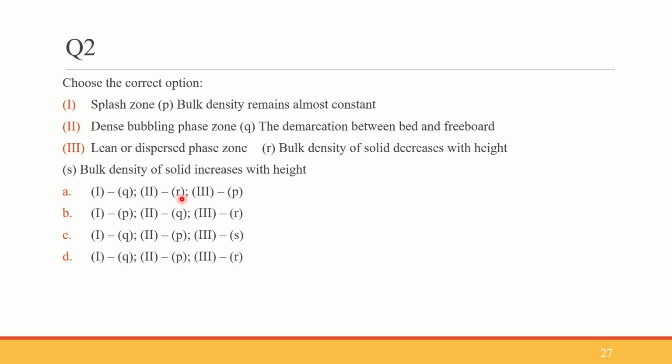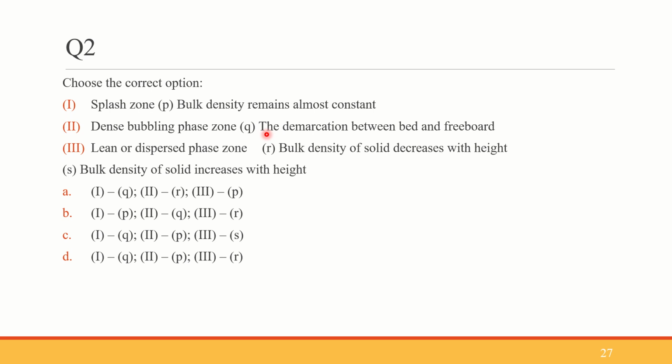In the first one it is given about the splash zone. Splash zone is actually the demarcation between the bed and the freeboard, so one is option Q. Second one, dense bubbling phase zone, where the bulk density remains almost constant. And third one is lean or dispersed phase zone, where bulk density decreases with height.